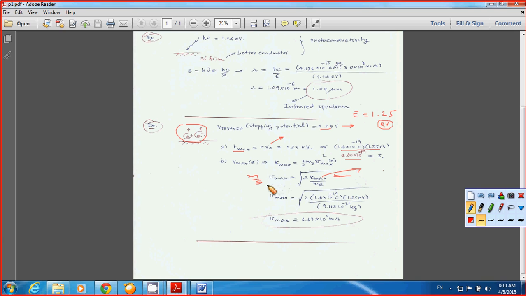Well, you're working in SI units because you want the velocity to be in meter per second, so this one needs to be in joule. That's why you multiply the electron charge 1.6 × 10 to the negative 19 by 1.25 electron volt. And finally you have Vmax equal to 6.63 × 10 to the 5th meter per second. Okay.